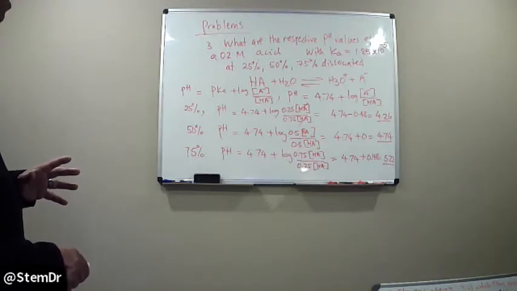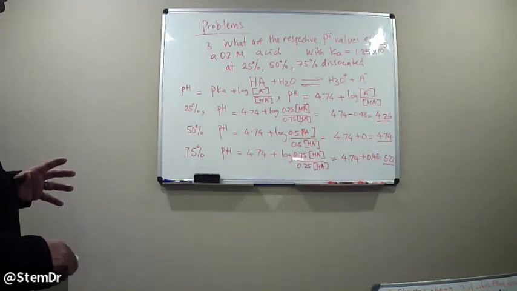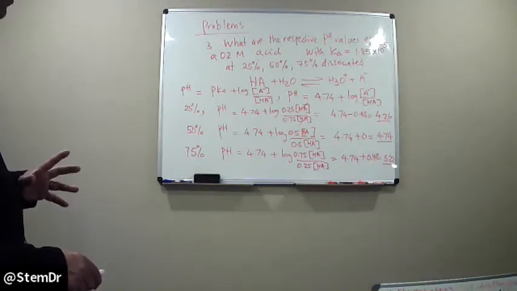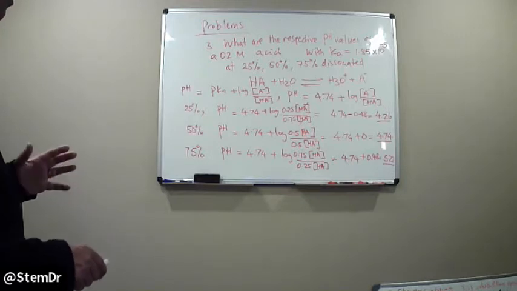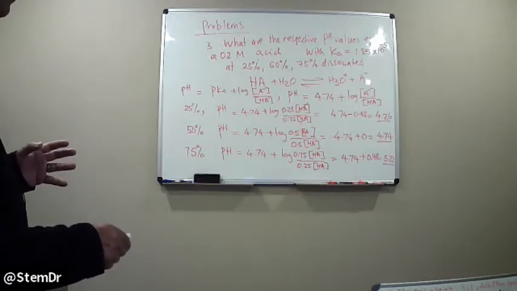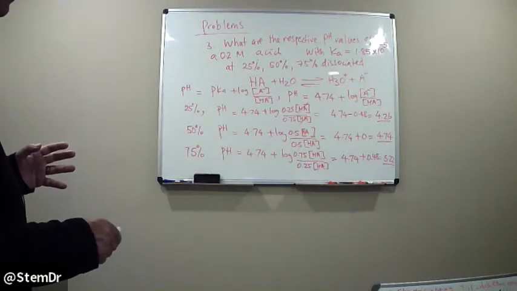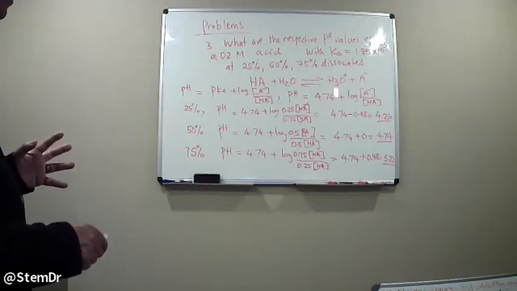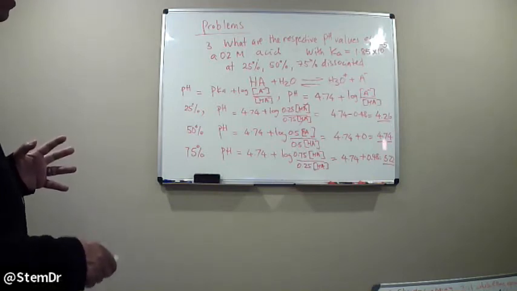Logarithm of 3 is 0.48. So now pH equals pKa 4.74 plus 0.48, which is 5.22. Now this shows you that as the equilibrium is shifted more to the conjugate base, the pH increases.